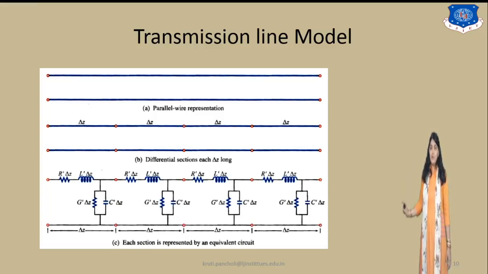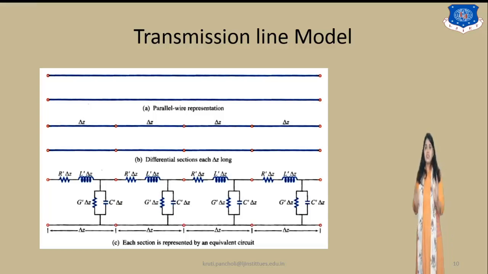Now if we magnify that transmission line, there is always leakage, some inductance value may appear, and the resistance of that wire. Between the two wires there is the G conductance, and between the two wires there is a capacitance, that is C.